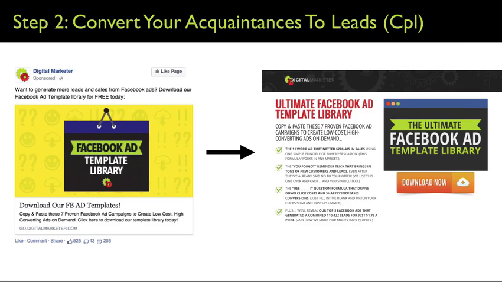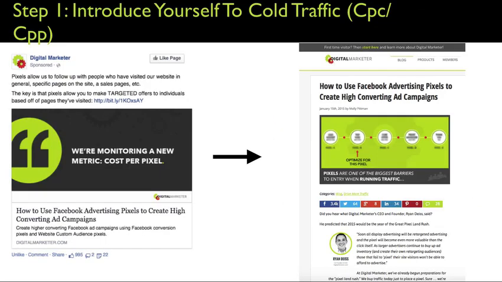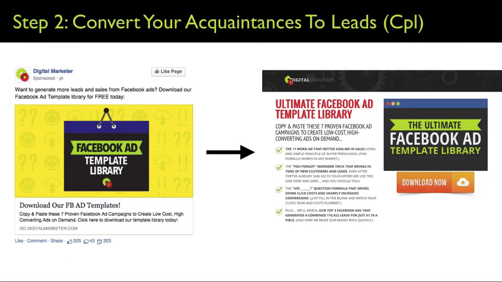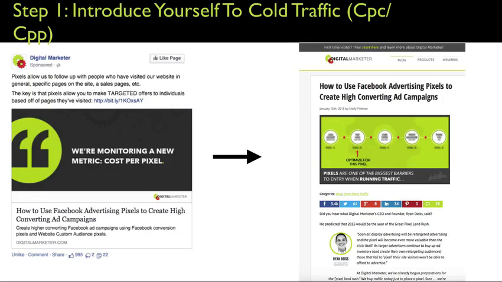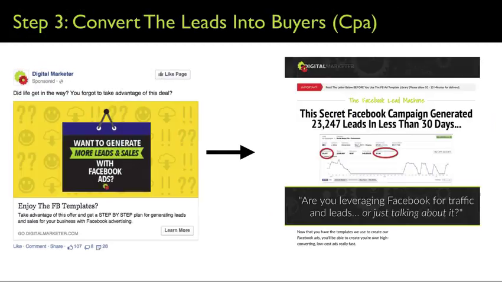Step 2, we retargeted everyone who visited that blog post with an ad to opt in. So we're spending money to ask them to hop over to the landing page and give us their email address. This is a separate campaign that's been running simultaneously with the campaign hitting the people actually reading that blog post.